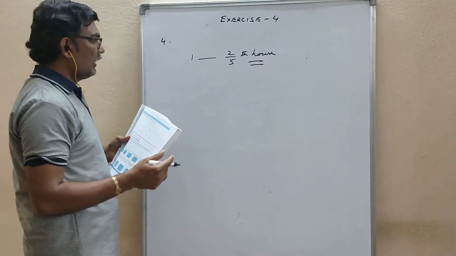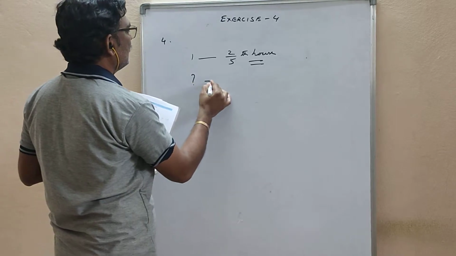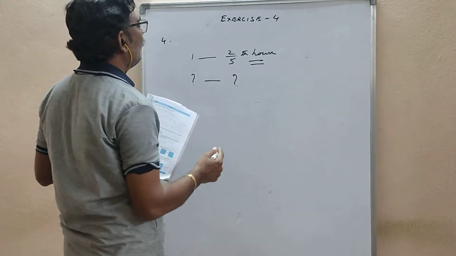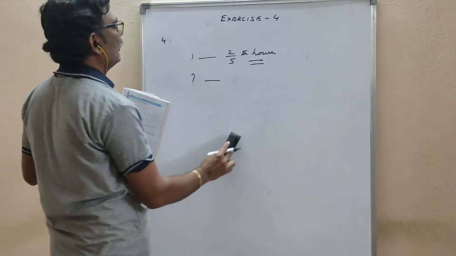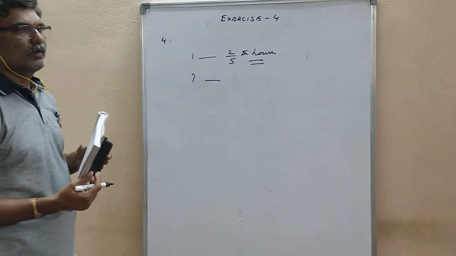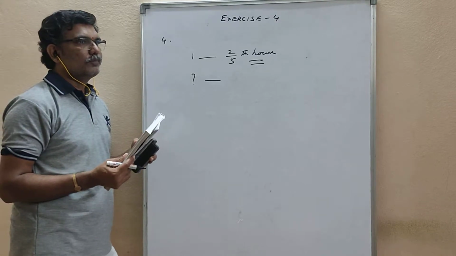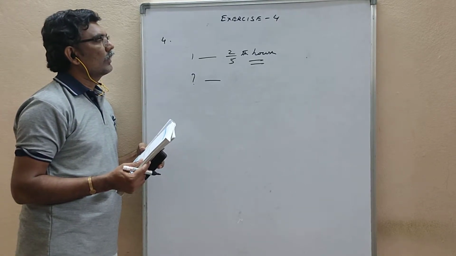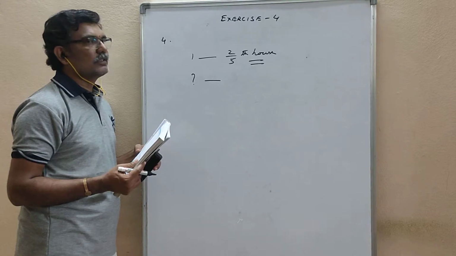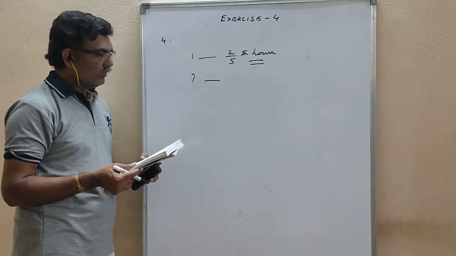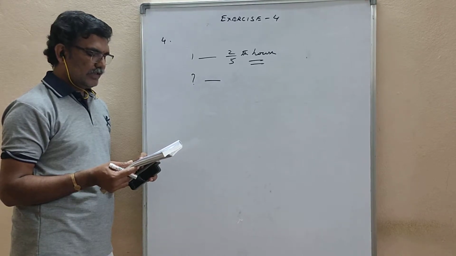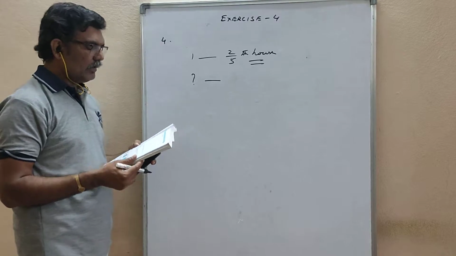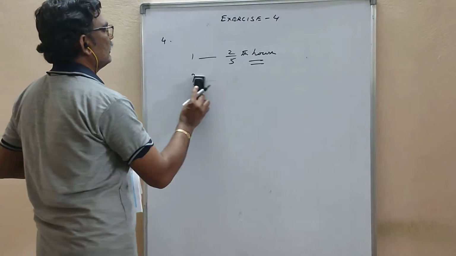In how many days can he paint it fully? So, in one day 2/5 means, what you have to do is, at this rate, how many days will he take to paint the whole house?